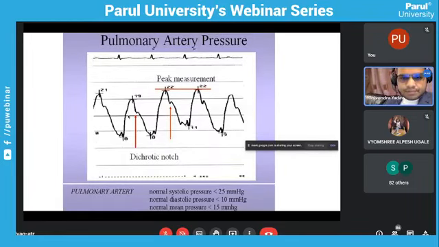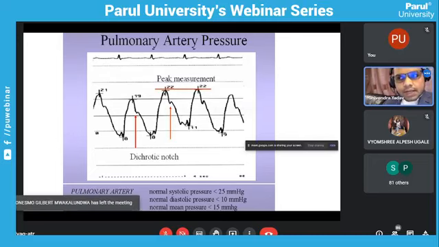Now, if you see the pulmonary artery pressure, and you remember the aortic pressure curve, they both look similar. Both great arteries, aorta and PA, have a similar waveform. Both ventricles, LV and RV, are similar. Both atria, LA and RA, are similar.